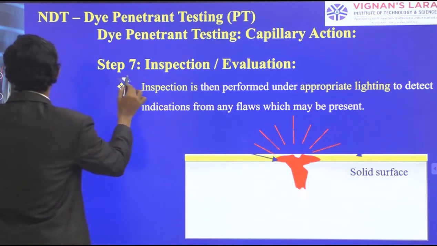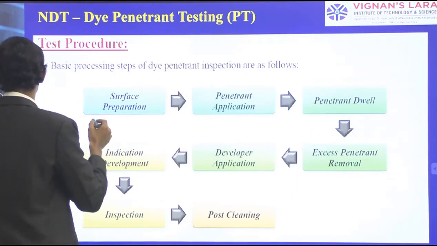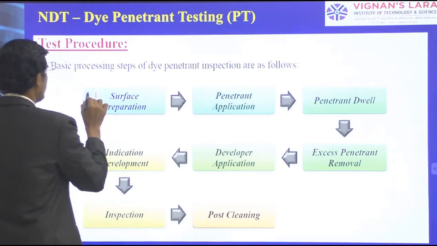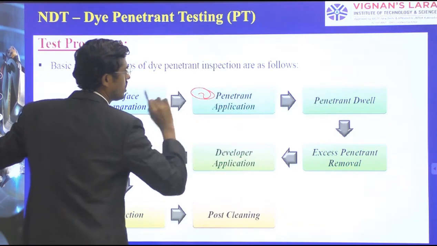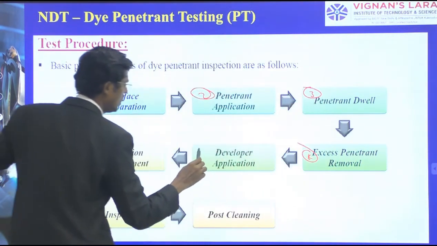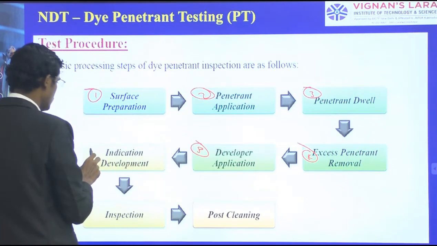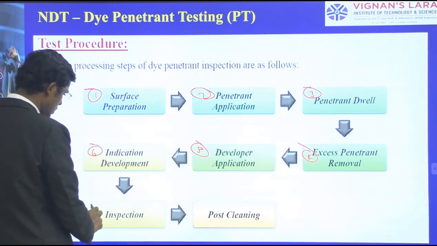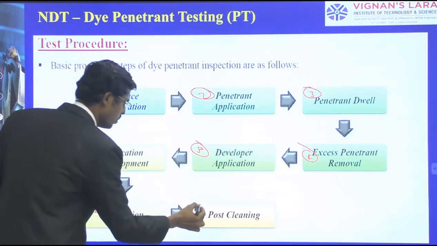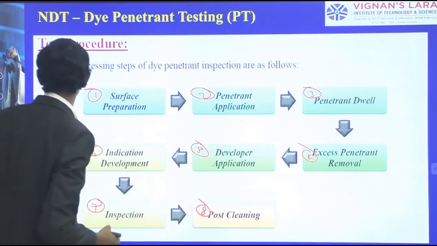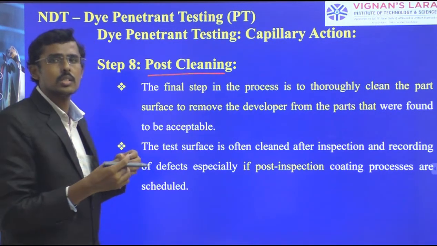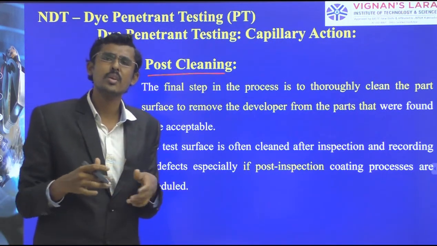This is one of the last steps. So, as of now we have done surface preparation, penetrant application, penetrant dwell, excess penetrant removal, developer application, and then indications, and 7th, inspection. Now the inspection is over. Now we want to do the post cleaning process. Post cleaning is needed because we are using chemicals and they may contaminate.